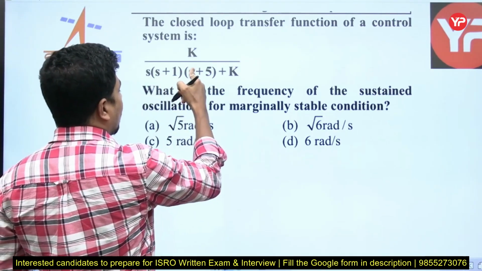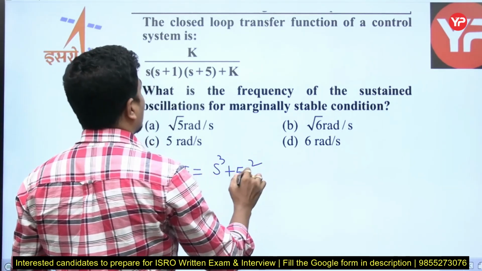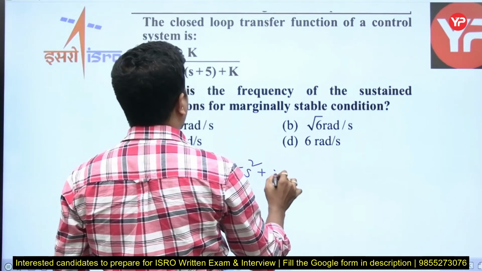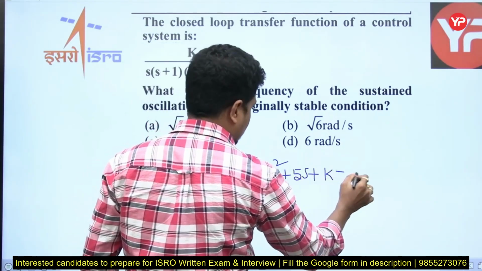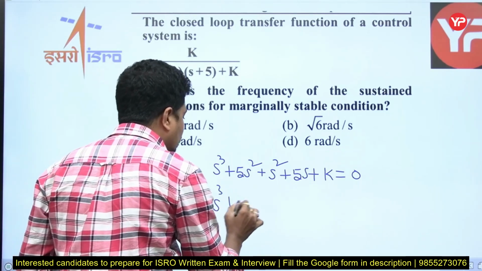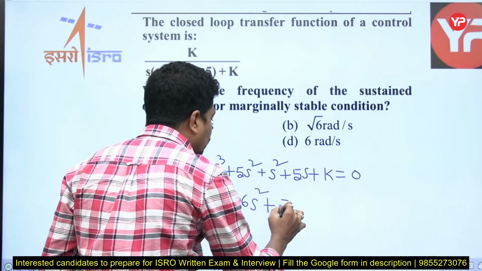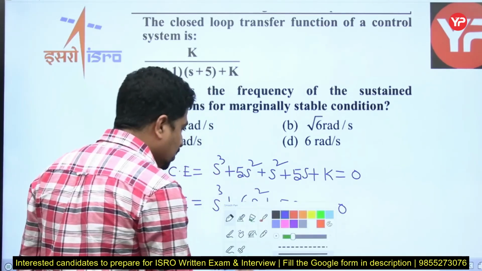S square into S, S cube, plus 5S square, plus S square plus 5S plus K is equal to 0 is the characteristic equation. Now the characteristic equation is S cube plus 6S square plus 5S plus K equal to 0. What is the condition I gave previously for stable?